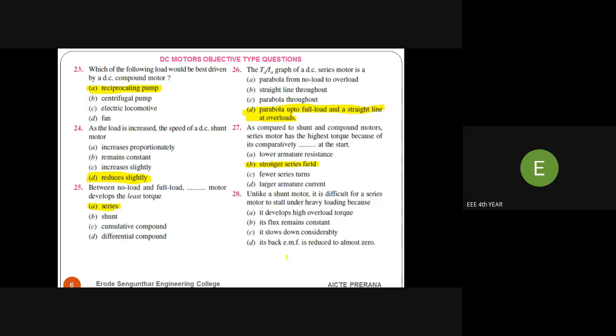Option D, its back EMF is reduced to almost zero. Unlike a shunt motor, it is difficult for a series motor to stall under heavy loading because it develops high overload torque.